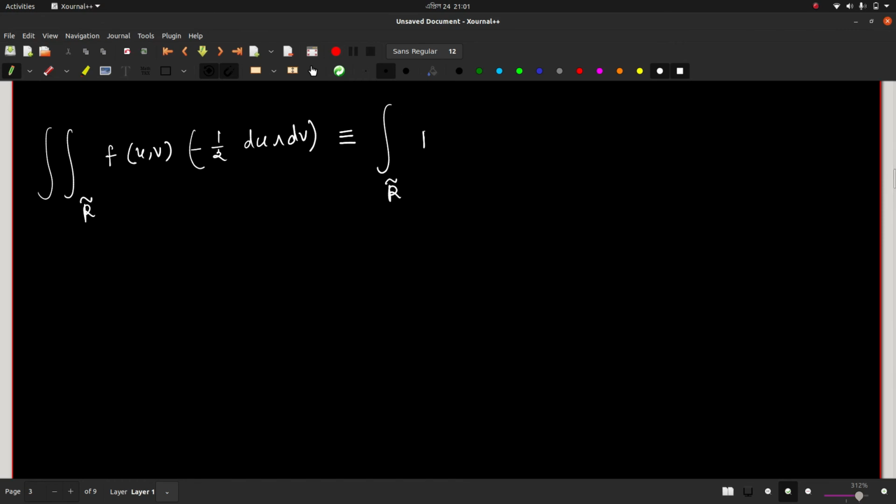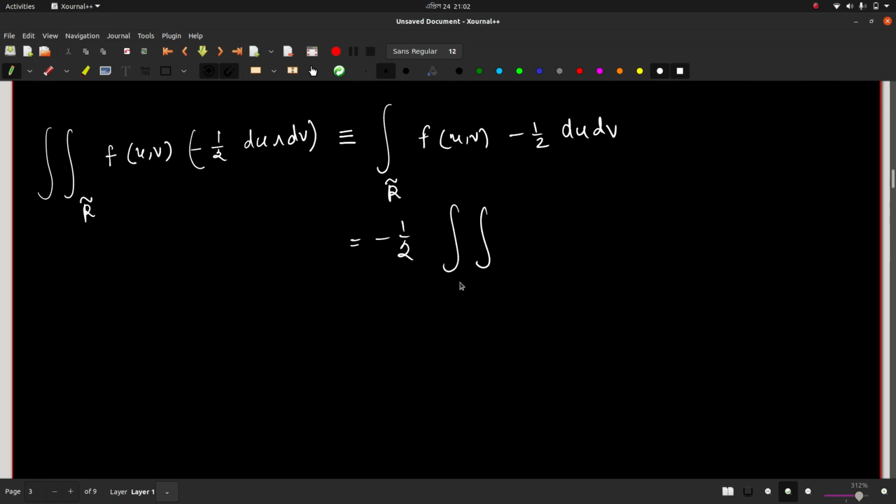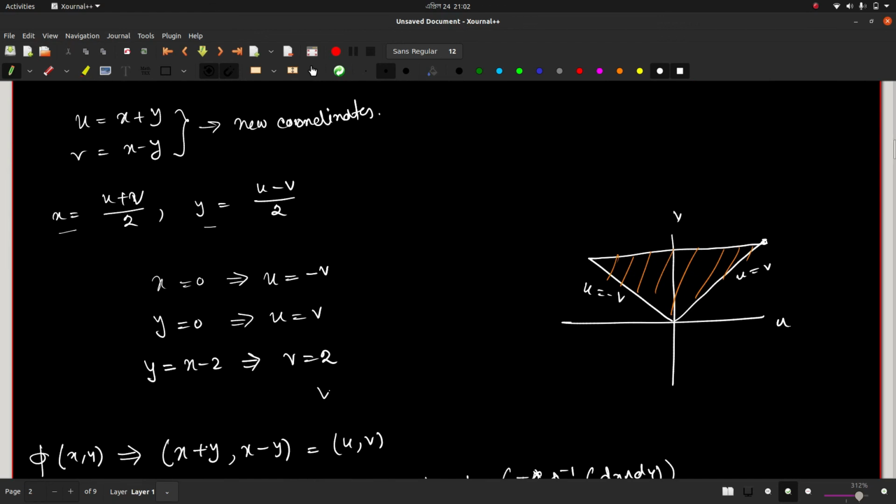The integral over R tilde of f of (u, v) is minus 1/2 du dv. Now all you have to do is decide which variable you are going to integrate first. Let's say we want to integrate over u first. We have the lower and upper limits of u, which are just minus v and plus v, and then we integrate over v. The values vary from 0 to 2, and you can check these from the information above.